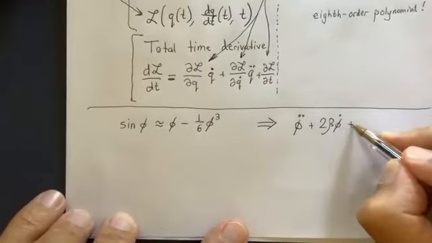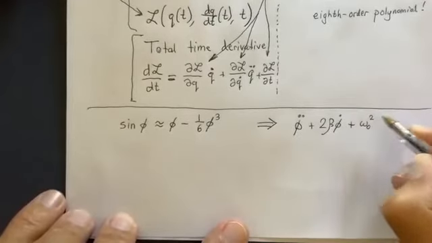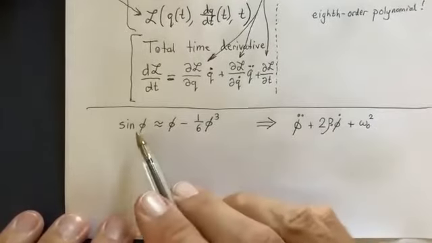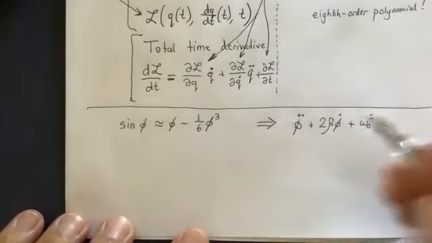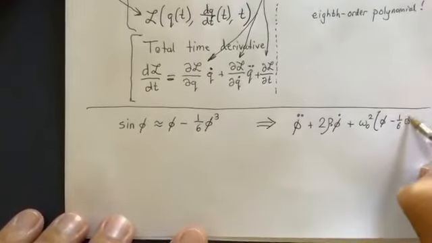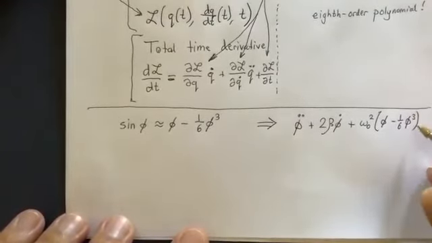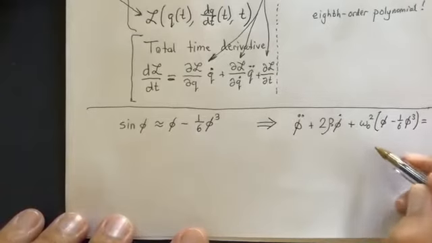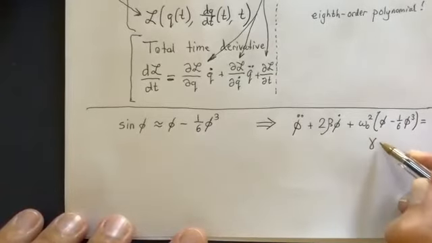And now the next term is this omega naught squared times the sine of phi. Now we'll use this approximation. And this is equal to our driving term, which was the coefficient, there's the gamma.